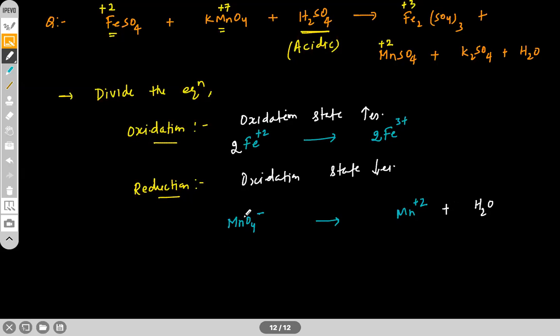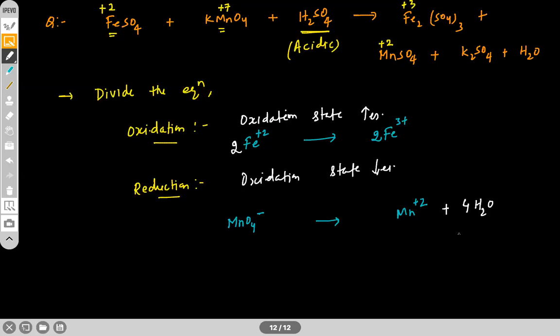How many water molecules, guys? Yes, the number of water molecules depends upon the number of oxygen atoms present over here, which is 4, hence it is 4. Correct? So oxygen is balanced.